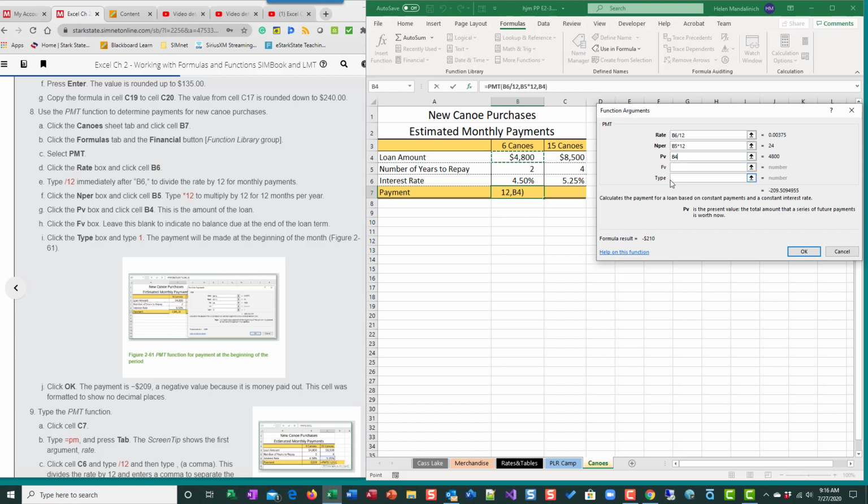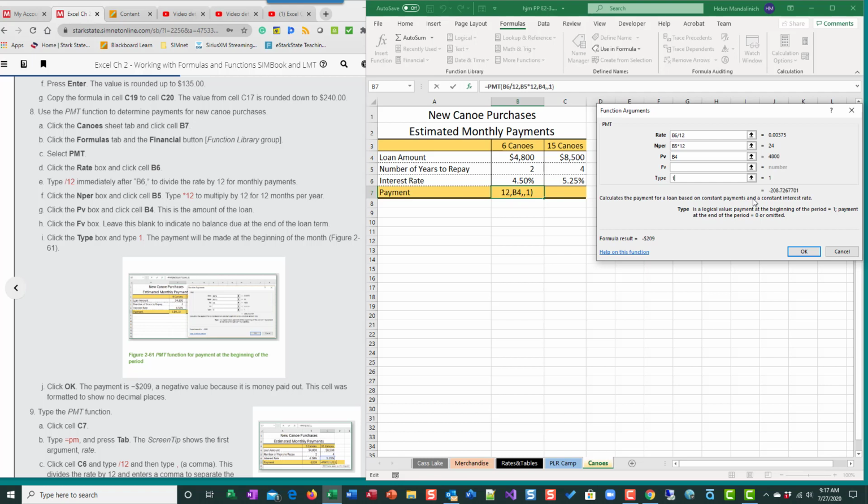Then the two optional ones are future value, or the balance that you want to go to. Like if it was a balloon payment, it wasn't going to be to zero. Honestly, I never use that. And then type would be whether you're making the payment at the beginning or the end of the period. For me, I don't mess with that.